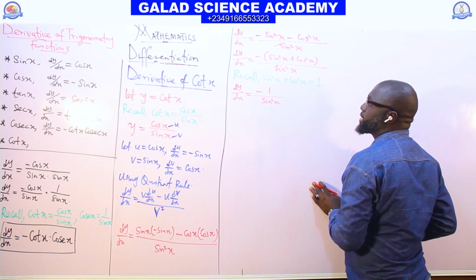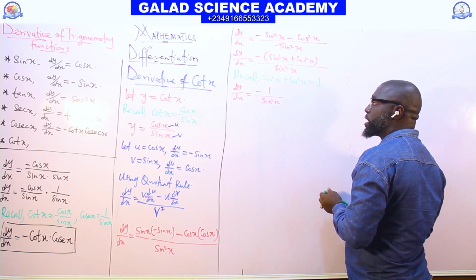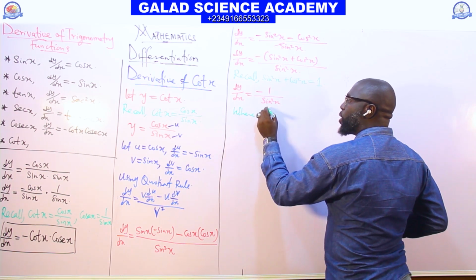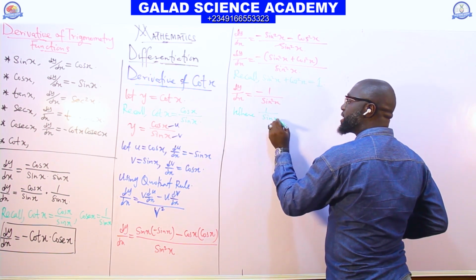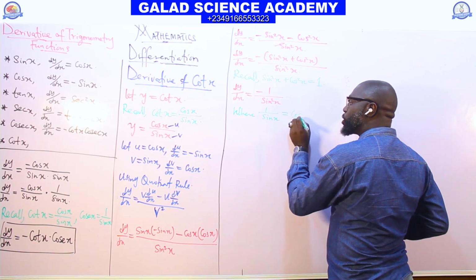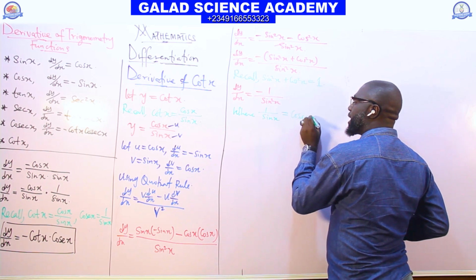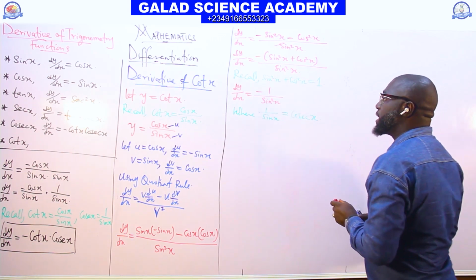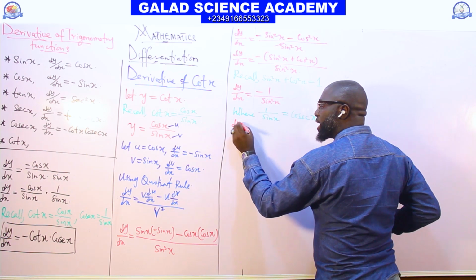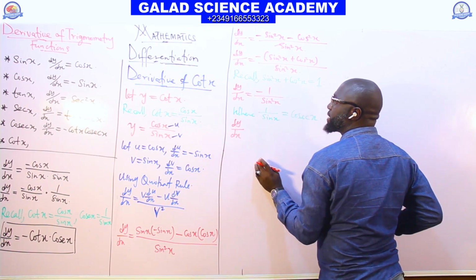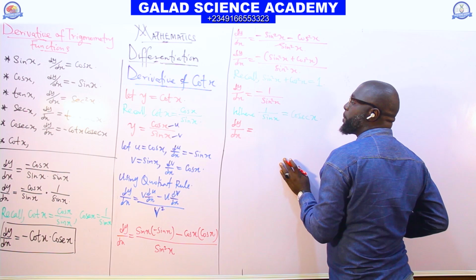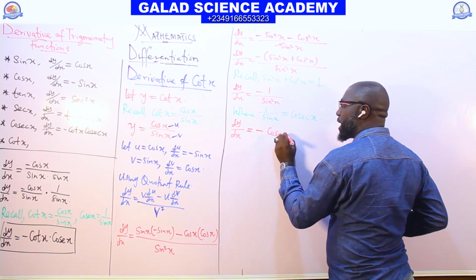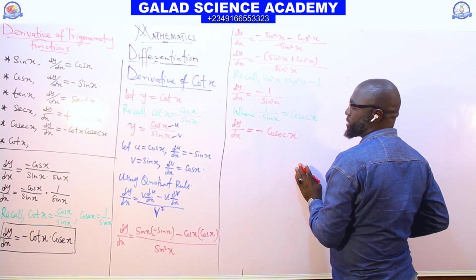From trig, 1 over sine x is always equal to cosec x. Therefore dy/dx here is equal to minus cosec squared x.